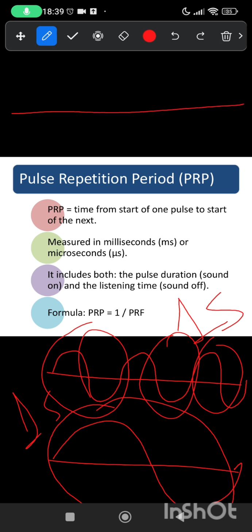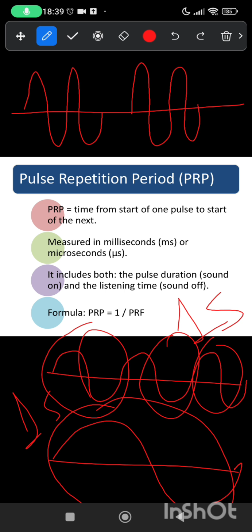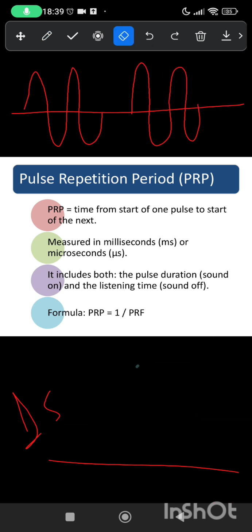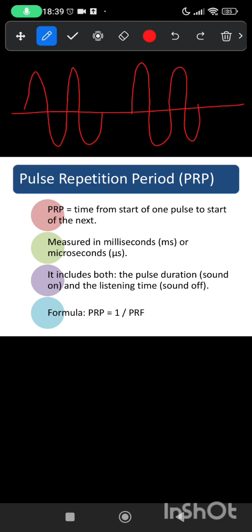So okay, let me draw pulse here now. Okay, 2 pulses in 1 second. And the first cycle concept which I drew is simple frequency and period concept. But now here we discuss the pulse concept. So pulse is a group of many cycles.